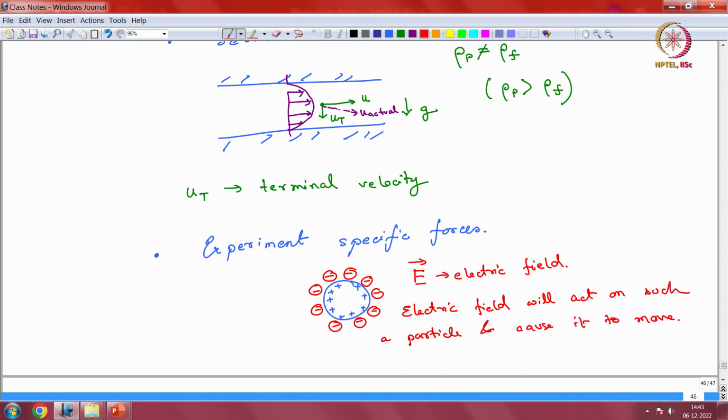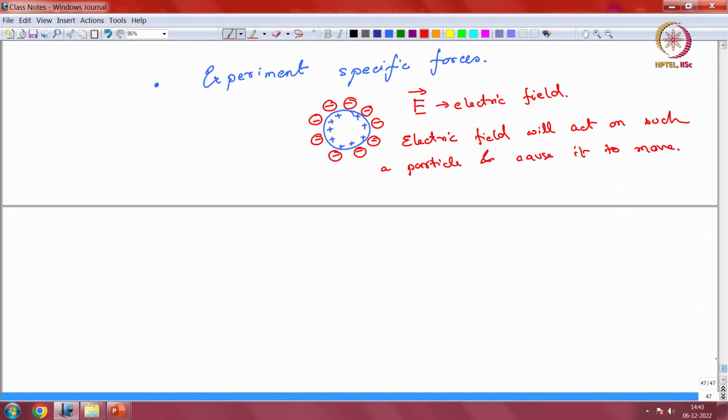This happens in electroosmosis, for example. You can have another obvious case, which is magnetic fields and particles which are polarizable and can develop a magnetic moment, and then those particles will also not follow the fluid flow as much, right.